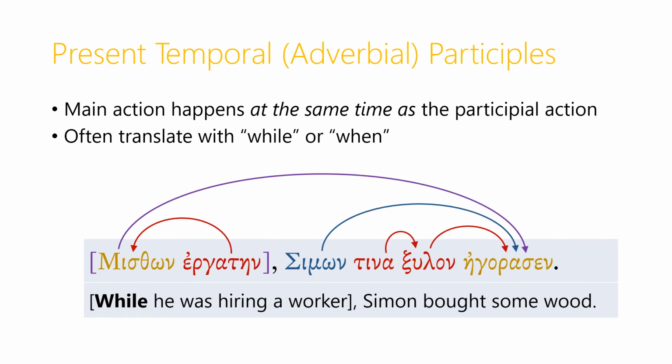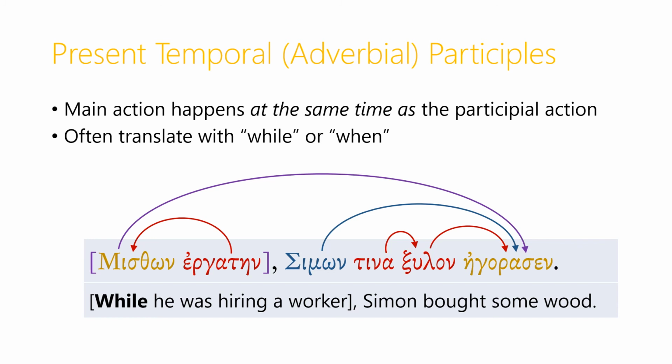Here's another example. Misthon ergatein, Simon tinaxulon egorasen. While he was hiring a worker, misthon is while he was hiring. And why do we say was? Why is it in the past tense? Because the main verb, egorasen, is an aorist past tense.